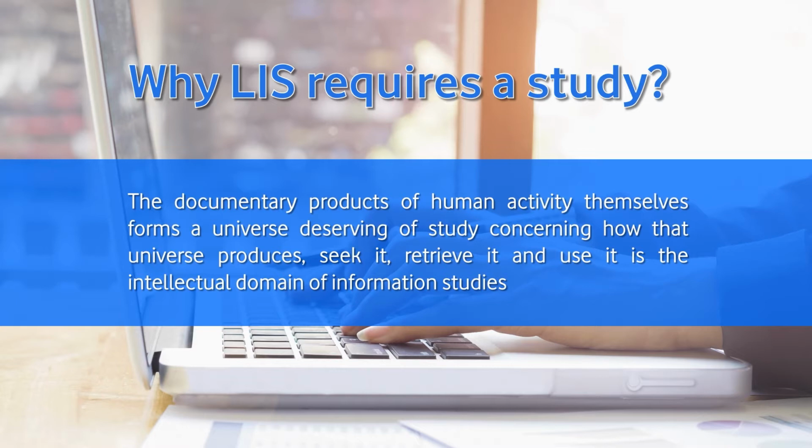The documentary products of human activity themselves form a universe deserving of study concerning how that universe produces, seeks, retrieves, and uses it, the intellectual domain of information studies. Hence, LIS requires a study.